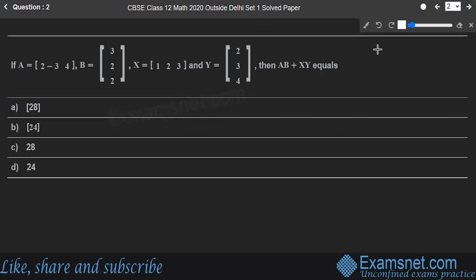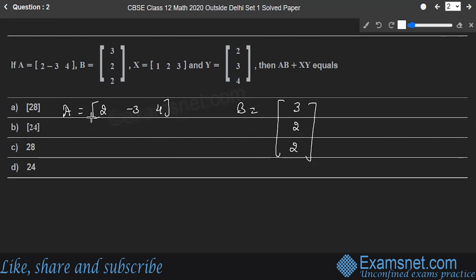Here it says if A is this matrix, B is this matrix, X is this matrix, and Y is this matrix, you have to find the value of AB plus XY. Very simple, right? This is the A matrix, 2, minus 3 and 4. The B matrix is equal to 3, 2, 2.